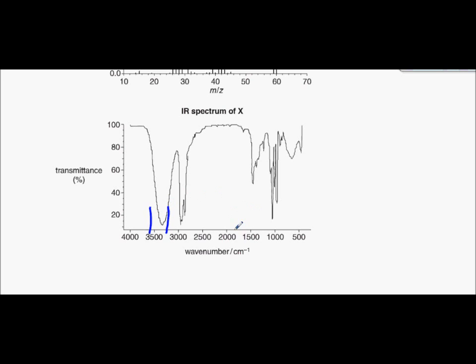There's no peak here to indicate a C=O that you could have. This peak here is representative of your CH peak, so that's your CH. There's no need to comment about that, you can ignore that completely.